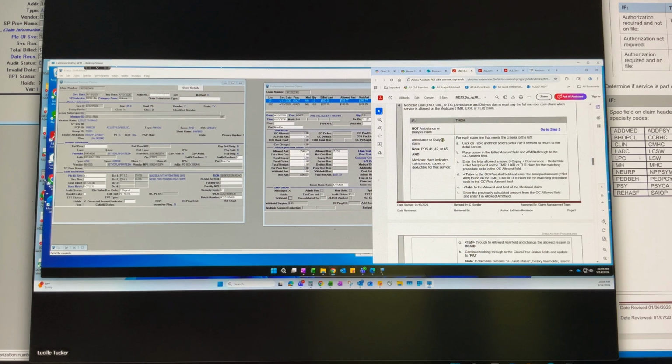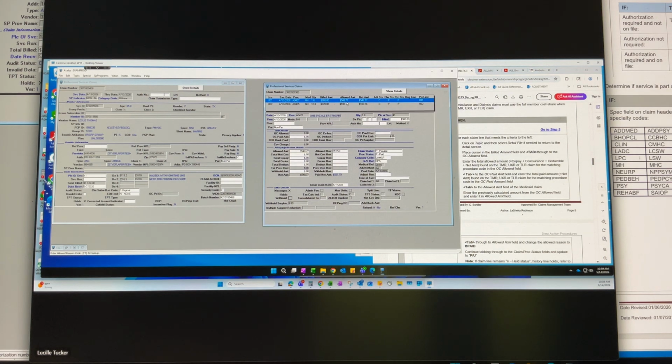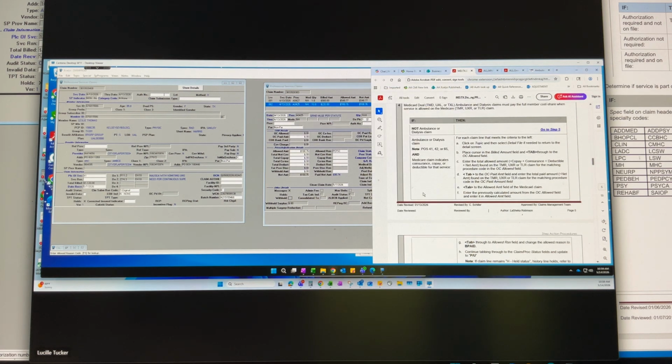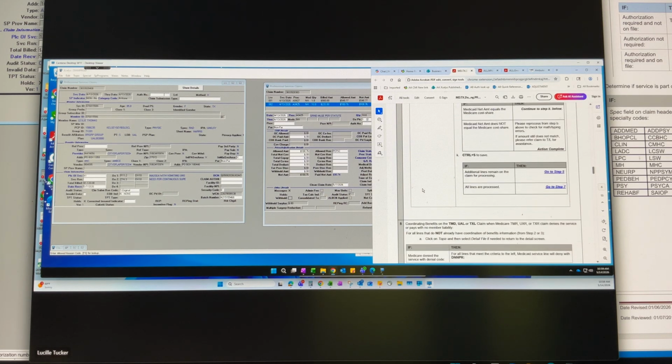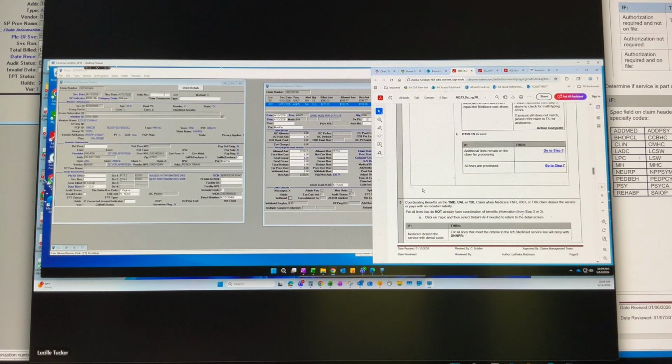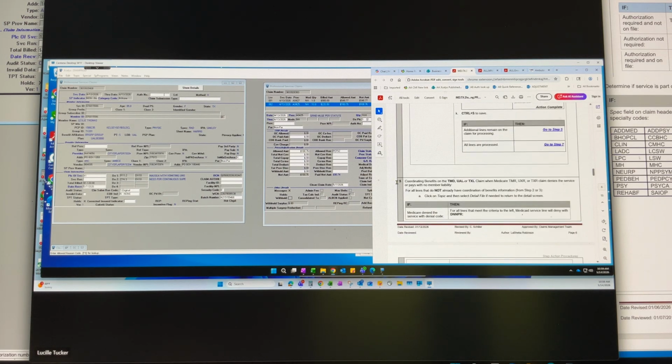My second scenario is ambulance and dialysis claim, place of service 41, 42, or 65, and Medicare indicates that there's copay, coinsurance, or deductible. That is not me. There is no copay, no coinsurance, and no deductible. So I am going to come down here, and I'm actually going to go to step 5.